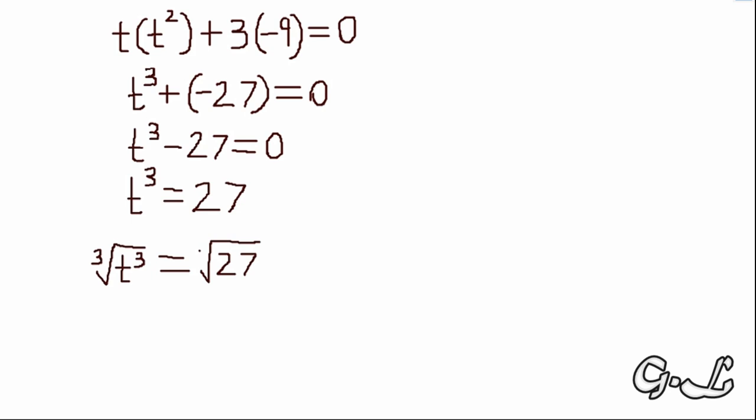So t is equal to the cube root of 27, and the cube root of 27 is 3. So t is equal to 3. You can even say therefore t is equal to 3.